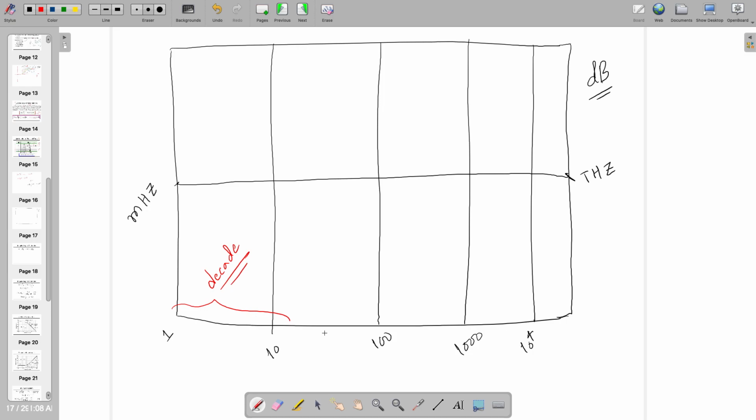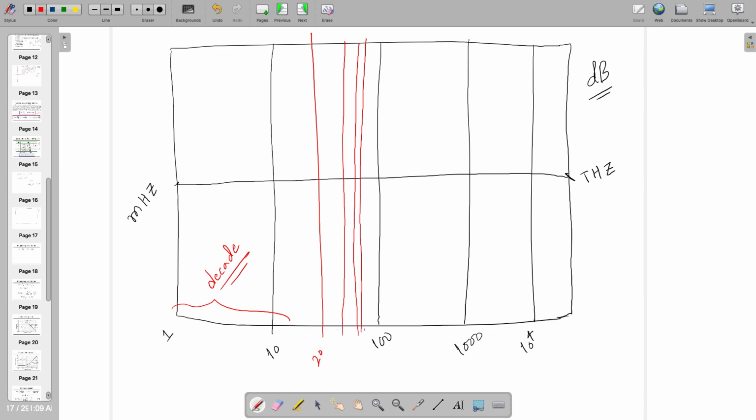Generally the log scale looks like this one: 20, 30, 40, 50, 60, 70, 80, 90, and 100, something like this.